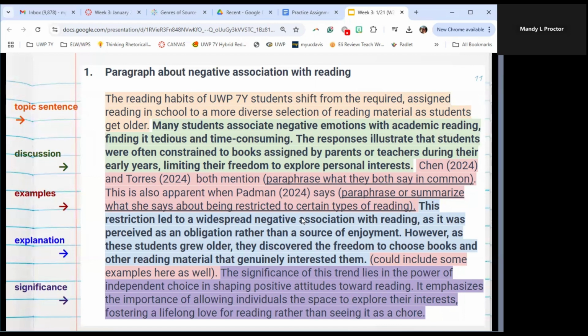So that's explaining more about the trend, explaining those examples that we'll talk about in a second, right? And saying, okay, here's why they're important. Here's what we should learn from those things, right? So we're explaining the support, the examples, the sources.